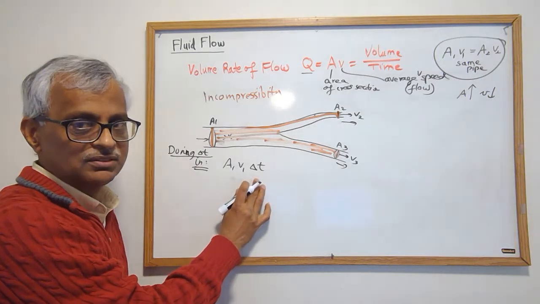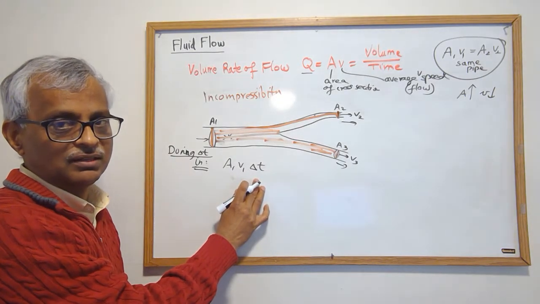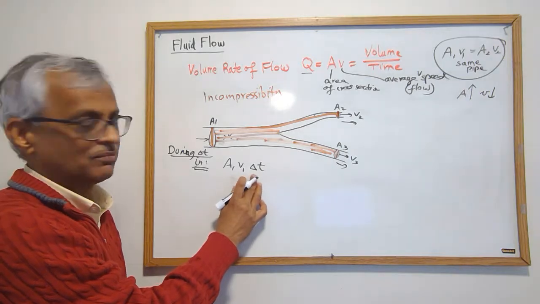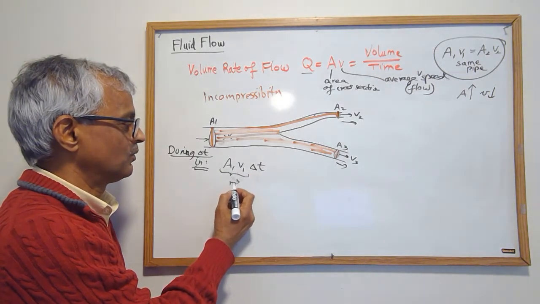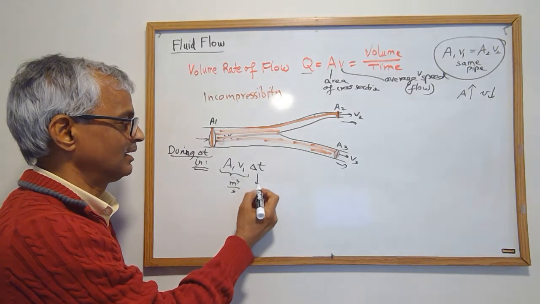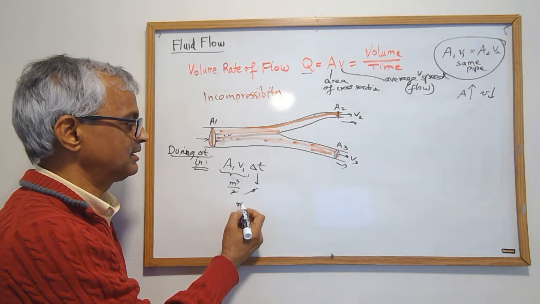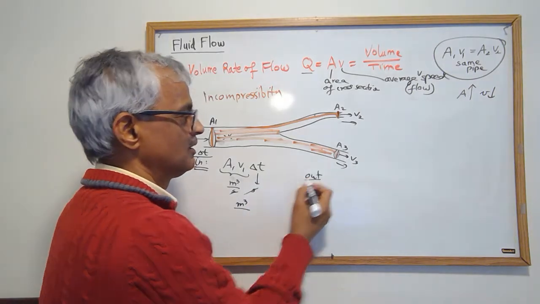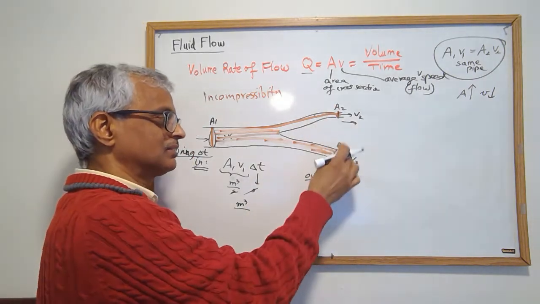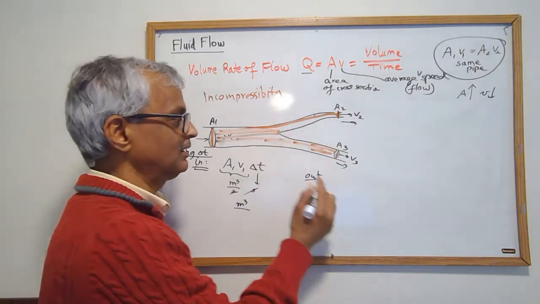That's a volume. That means so many liters came in this amount of time. The unit of this is, say, meter cube over second, and this is second. So that many meter cube came in. Well, how much went out? Well, it went out through this and that together, right?